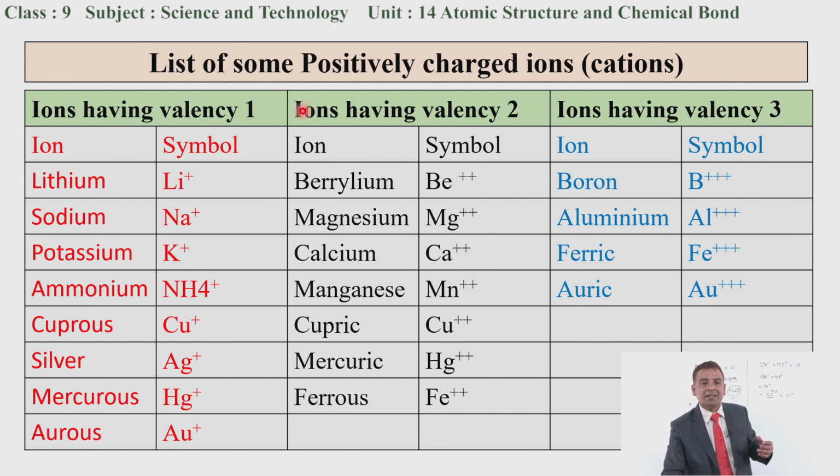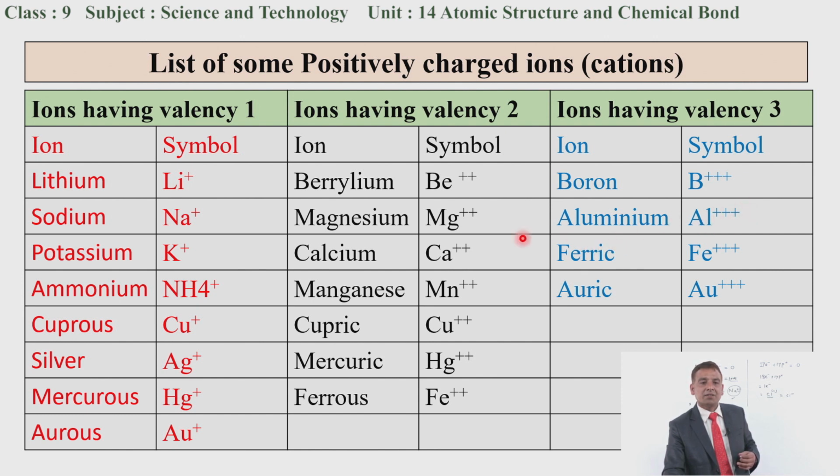Similarly, you can find ions having valency 1, ions having valency 2, ions having valency 3, and so on. Like boron, B plus plus plus, means it has lost 3 electrons from its valence shell, as well as aluminum has lost 3 electrons, so that it has acquired 3 positive charges, that means Al plus plus plus.